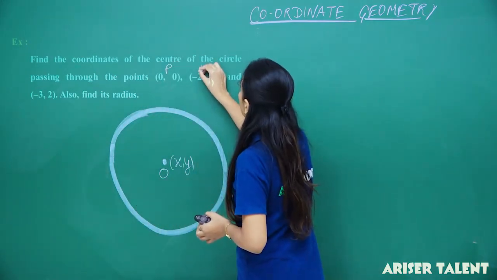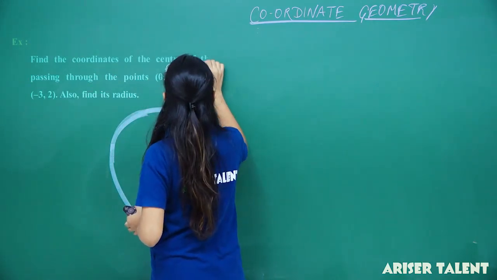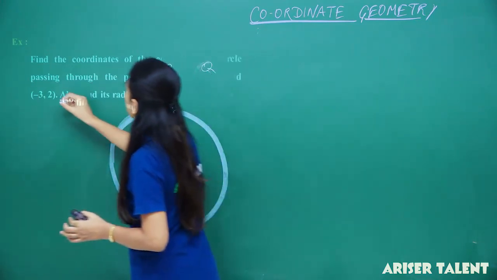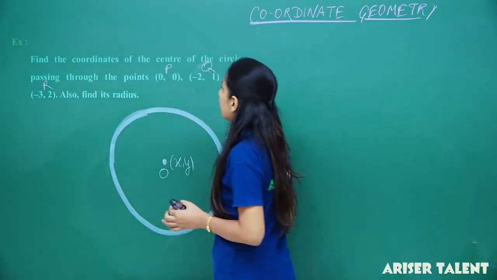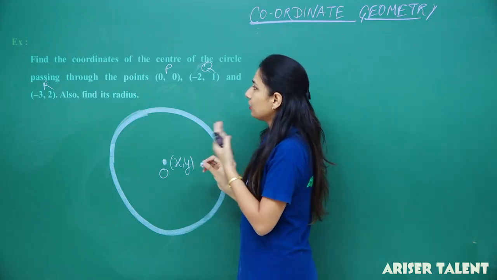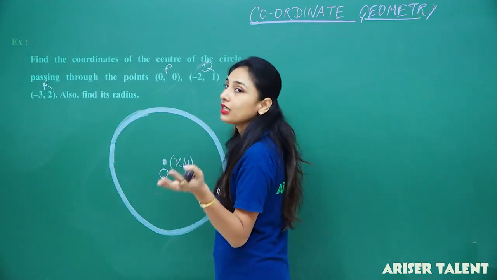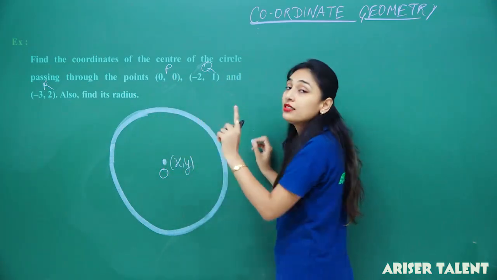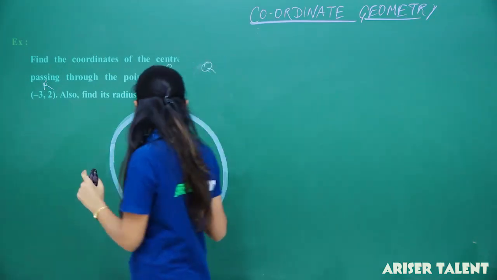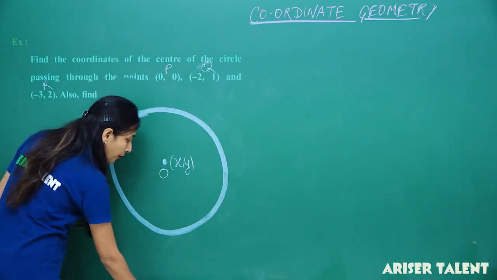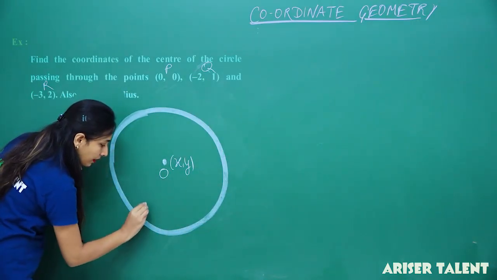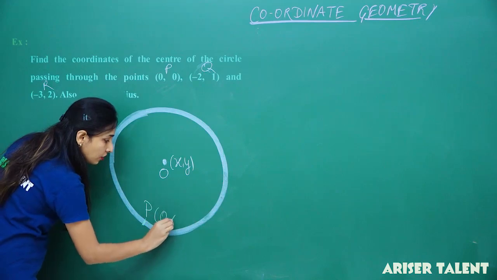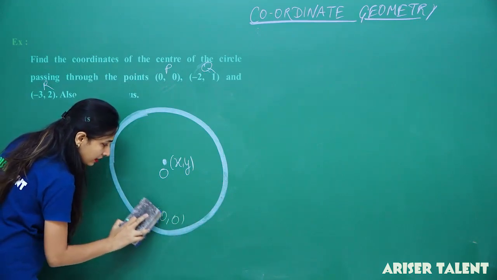P, Q, R. You should write it too: P, Q, R. So the first point P is (0, 0). Or should I write it externally?